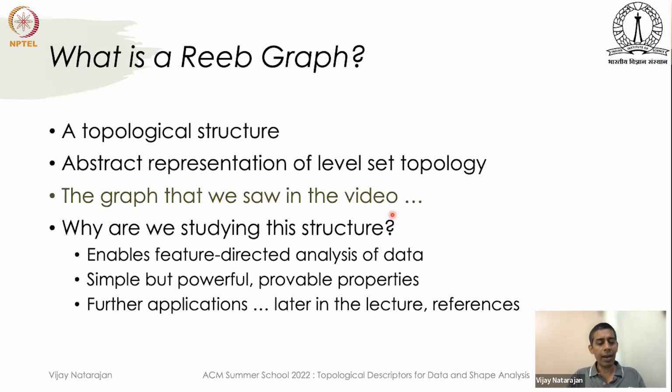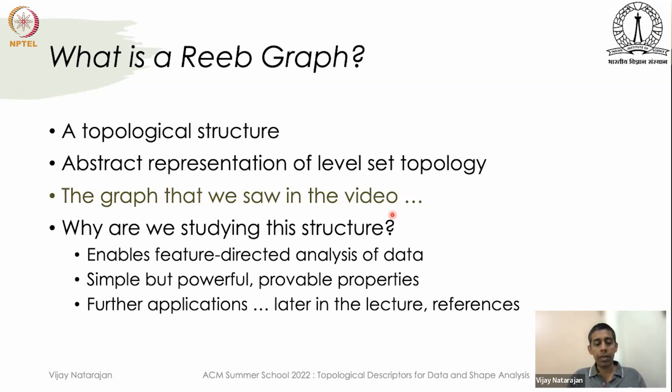But why do we care? Why do we want to study this? This abstract representation allows us to study patterns in our data. It allows us to produce a feature-directed visualization of the data. Right? It allows us to display an overview of all features in the data.